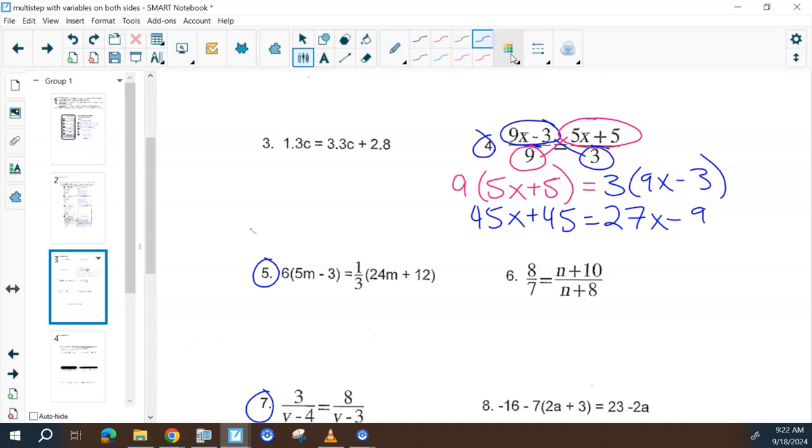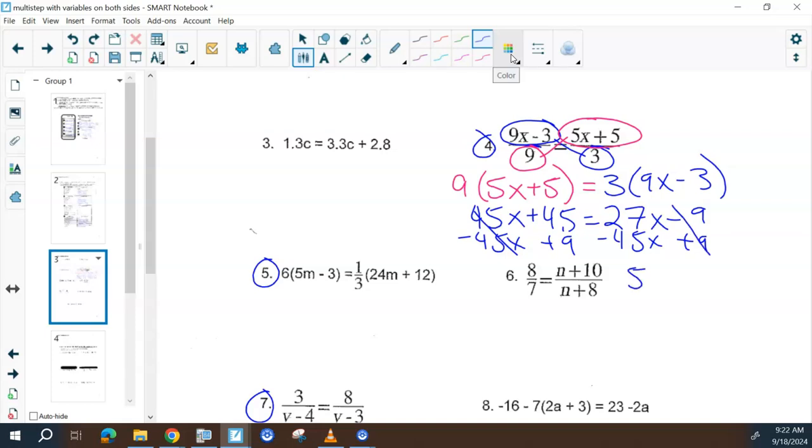So what do we want to move first? You choose whichever term. The 45 by itself, or the 45x? Okay, if we're moving the 45x, we're subtracting that to the other side. And if I'm moving the x's to the right, then I have to move the constants to the left, so I'm going to add 9 at the same time. So two things cancel at the same time, the 45x's and the 9's.